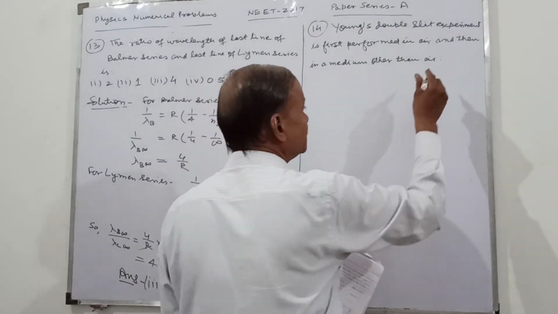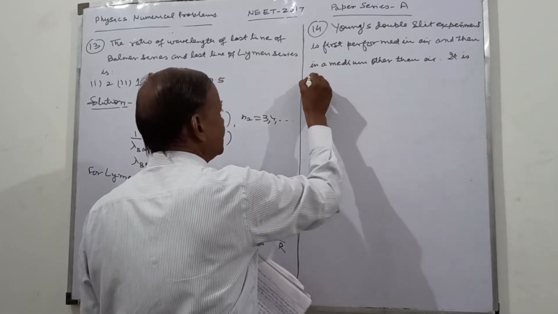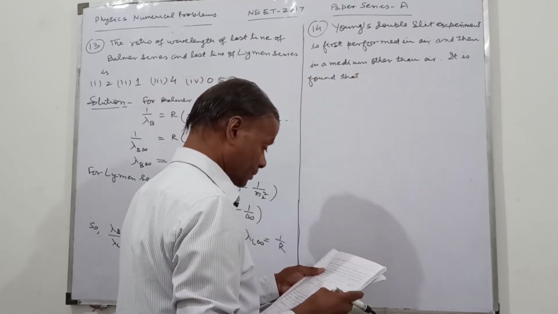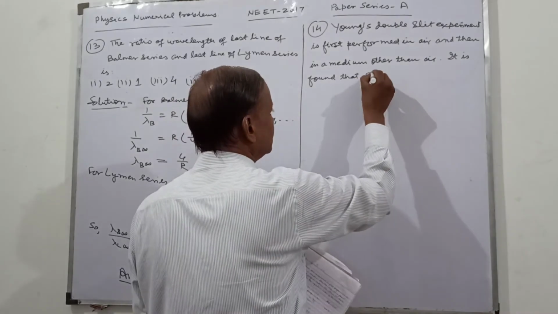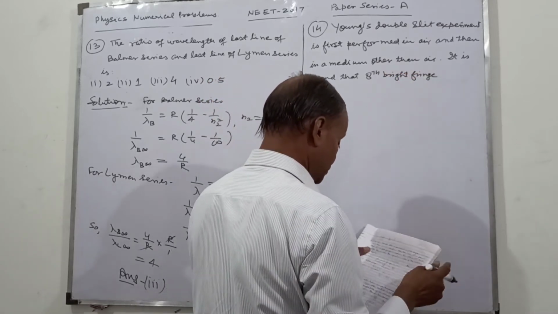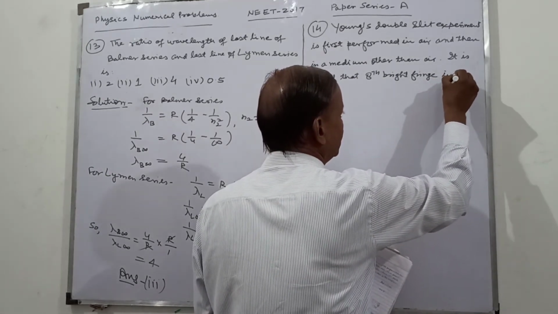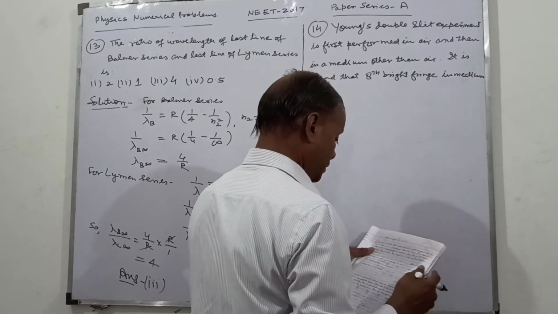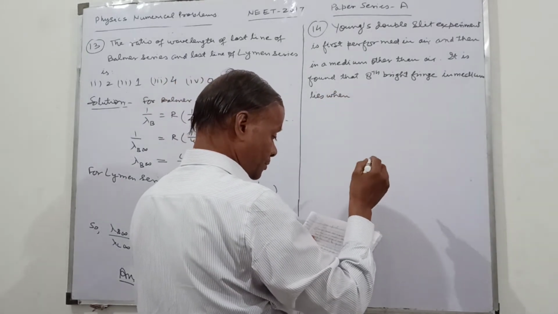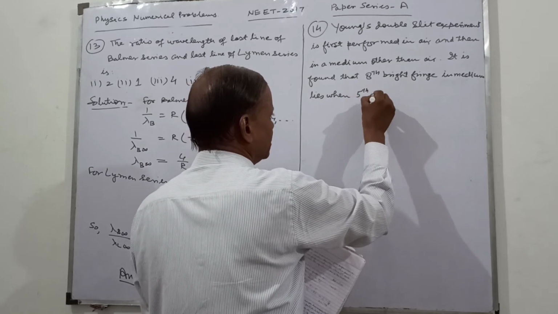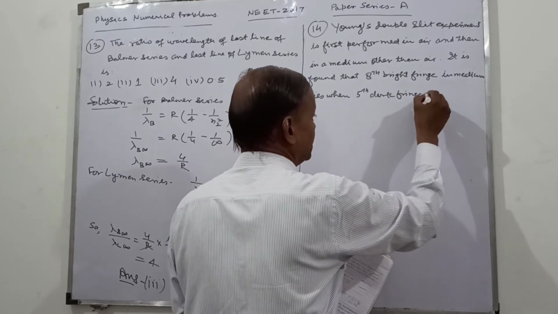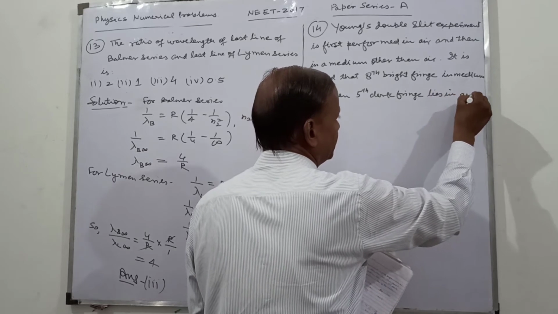It is found that the eighth bright fringe in medium lies where the fifth dark fringe lies in air.